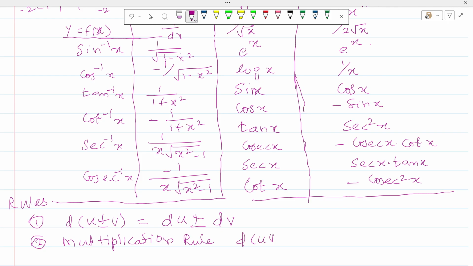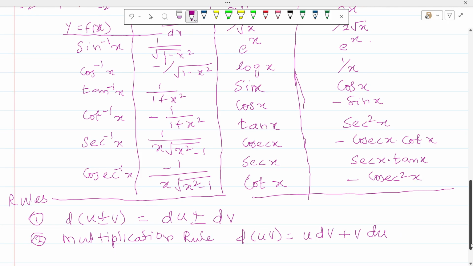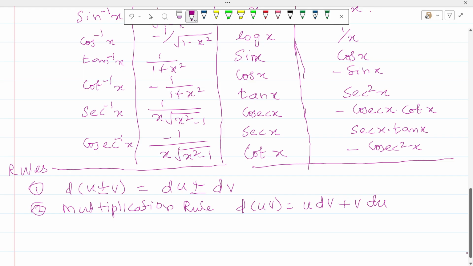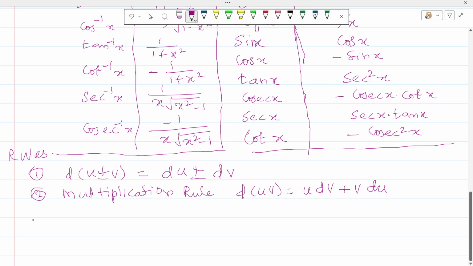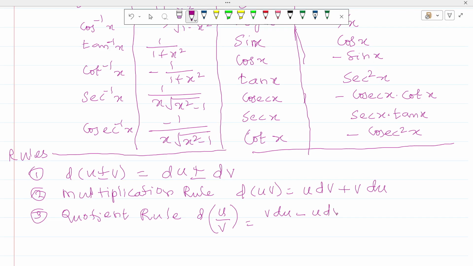Multiplication rule is d of uv equal to u dv plus v du. These are well-known formulas, but everything comes by practice only. You practice regularly, then only you will feel better. Then quotient rule. Quotient rule is d of u by v is v du minus u dv by v square.